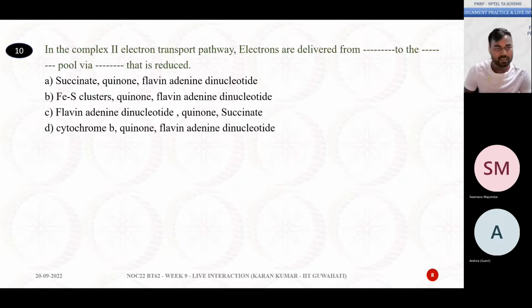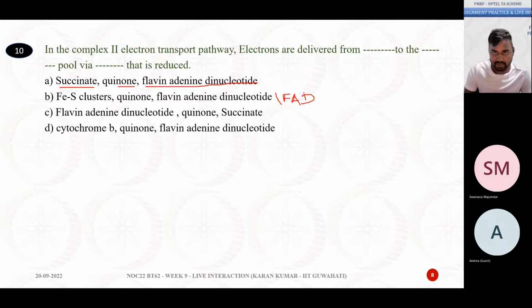Okay. Your next question is: in the complex 2 electron transport pathway, electrons are delivered from dash to the dash pool via dash that is reduced. Your options are: A, electrons are delivered from succinate to the quinone pool via flavin adenine dinucleotide, that means FAD. B, FES cluster, quinone, flavin adenine dinucleotide.